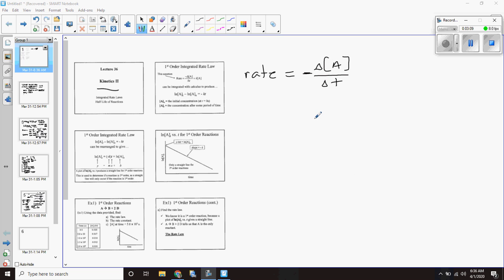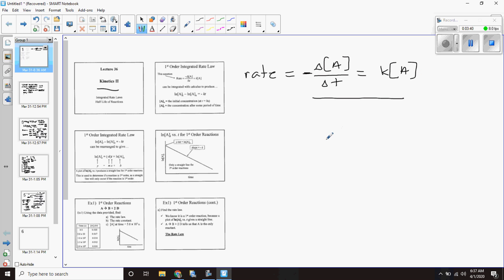So one way we can come up with an equation that gives us the concentration of A as a function of time is to integrate it. Now we know two things. We know this is the expression that gives us the change in concentration versus time, but we also know the rate is equal to the rate constant for this expression multiplied by the concentration, right? So if I want to integrate it, I basically have to set these two things equal to each other.